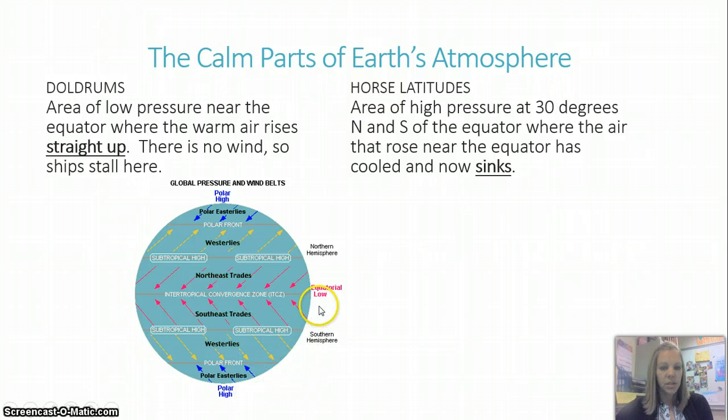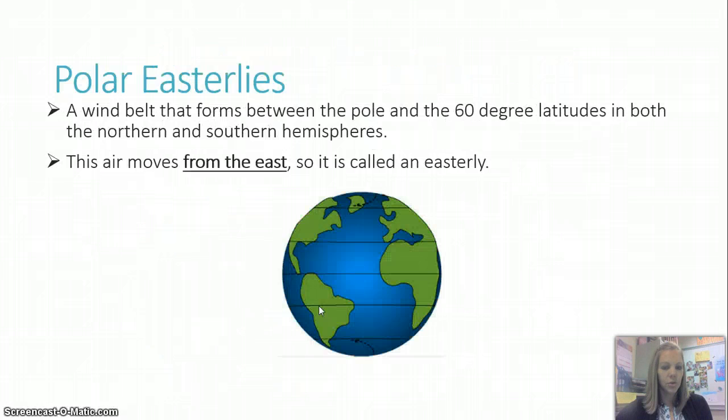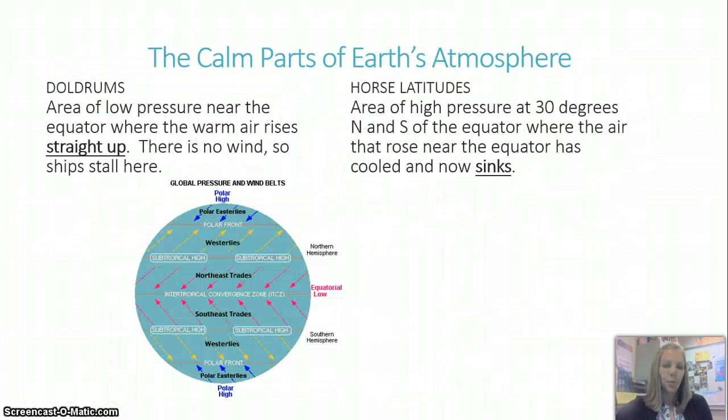One area is called the doldrums. The doldrums are located right at the equator. And what happens is, if you remember, this is the lowest pressure on Earth due to a lot of warm tropical weather. And so the air pressure is very low.